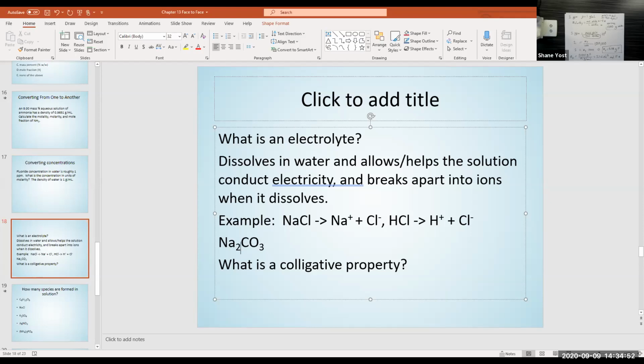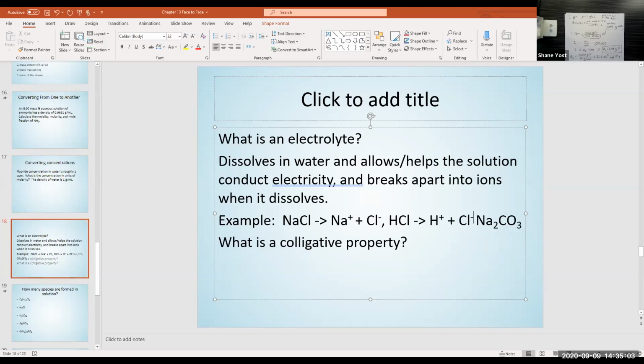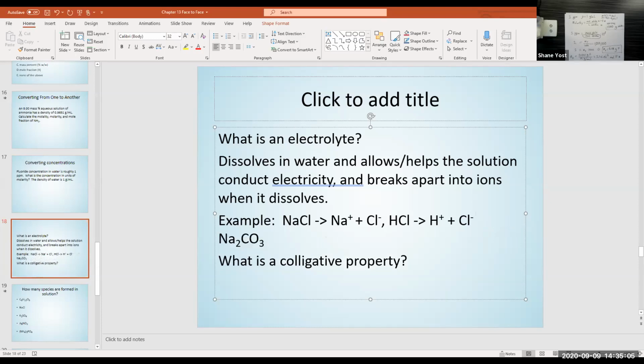This would be an electrolyte because it will break apart into sodium ions and carbonate ions. So it doesn't have to be an acid or a metal and a non-metal. It could be ammonium nitrate or something like that. Okay.